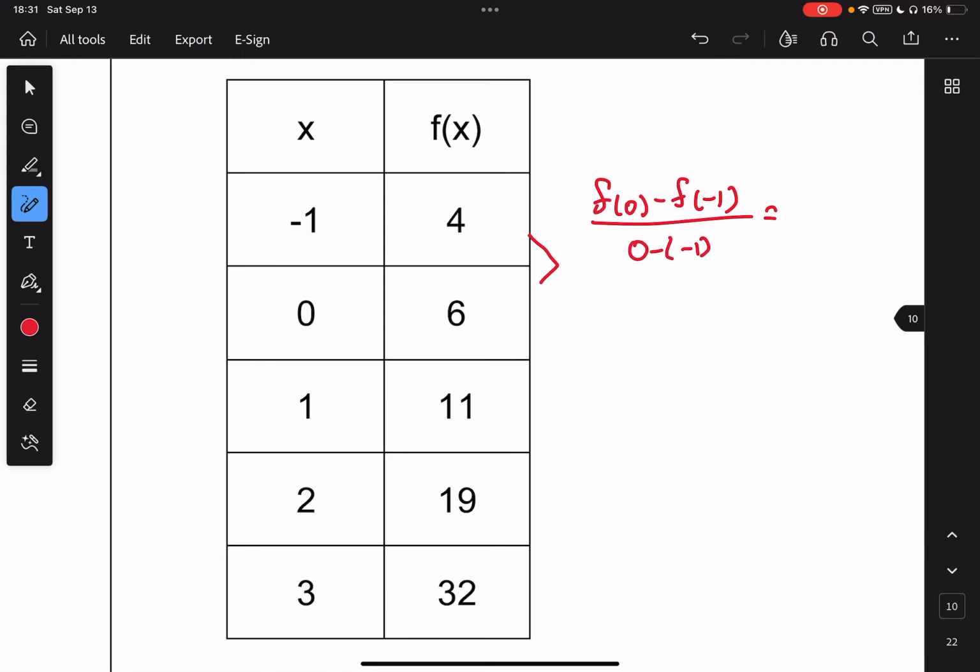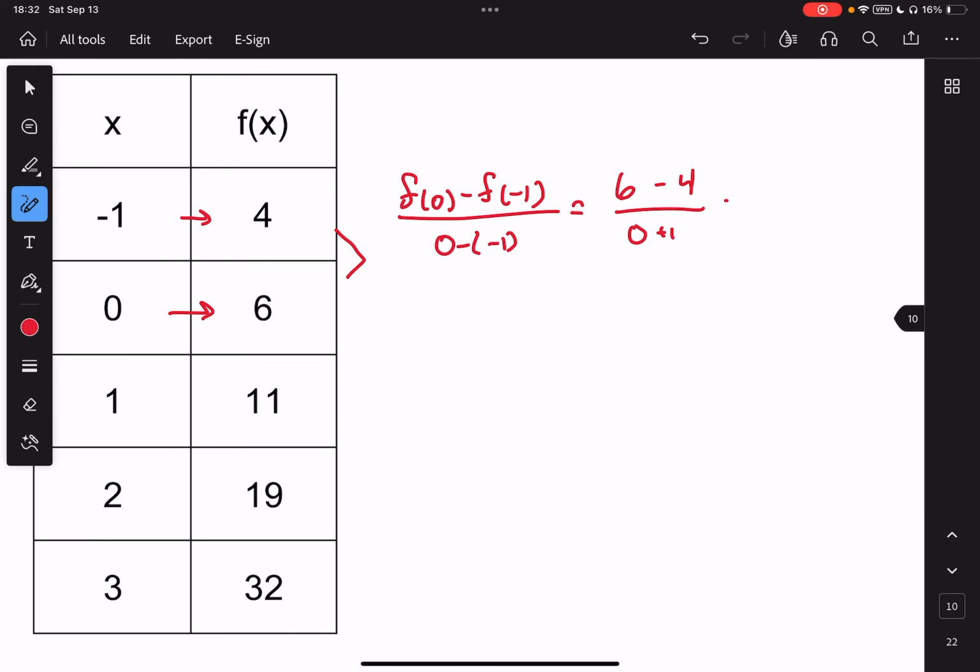Our f of 0 is 6. Our f of -1 is 4. So 6 minus 4 all over 0 minus -1, 0 plus 1. We get 6 minus 4 is 2 all over 1. We get 2. So the first one's 2.